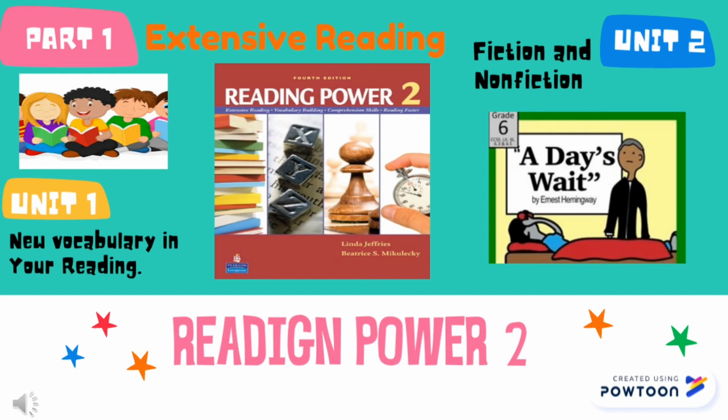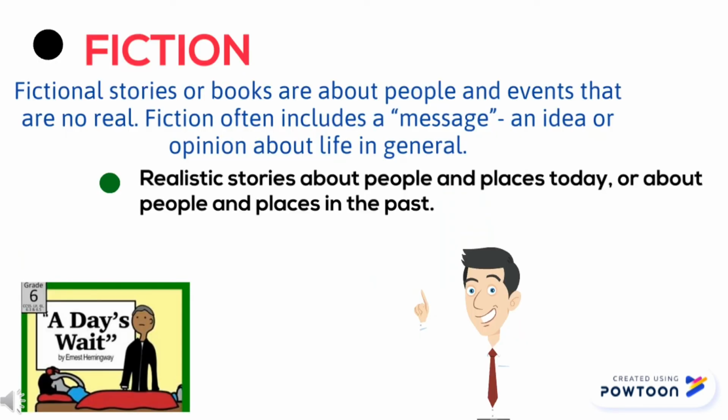Unit 2, Fiction and Non-Fiction. Fiction is fictional stories or books that are about people and events that are not real. Fiction often includes a message, an idea, or opinion about life in general. For example, realistic stories about people and places today or in the past, and fantastic stories about unreal worlds or about our world in the future.